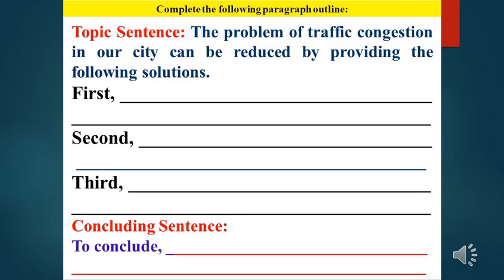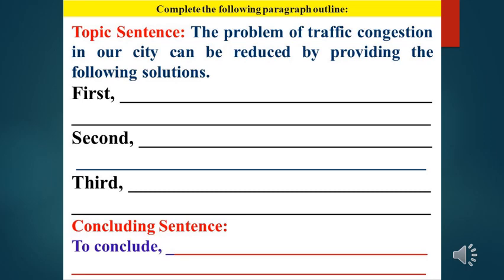In the first detail, in the first sentence, you can add a supporting sentence by saying: the government should build new roads and improve or expand existing ones.